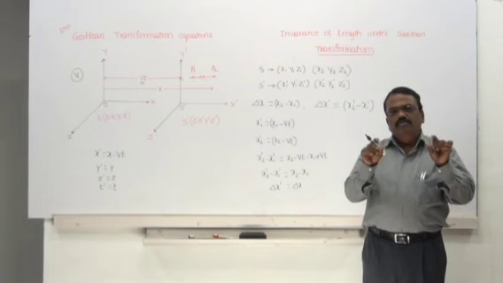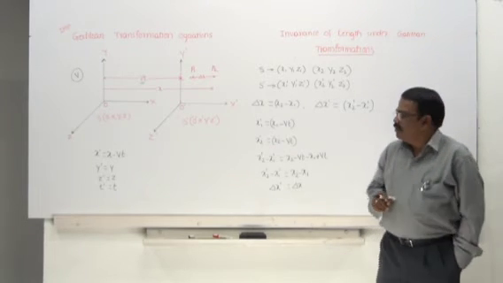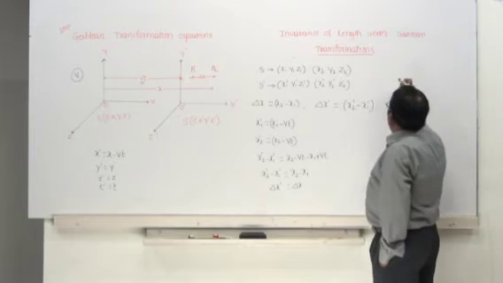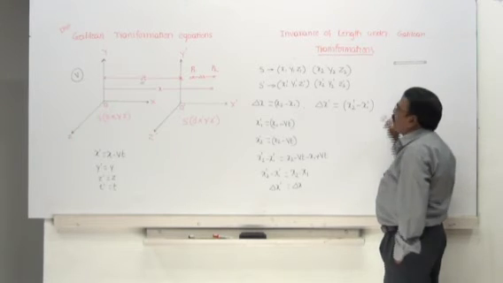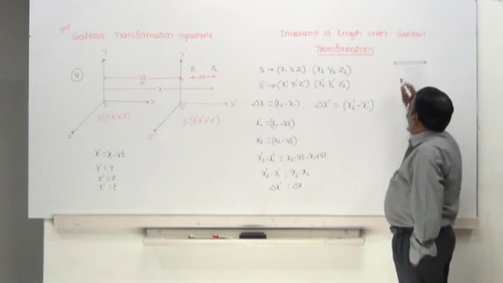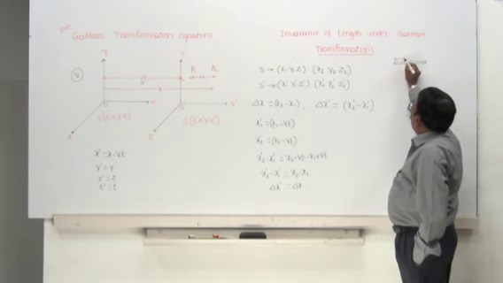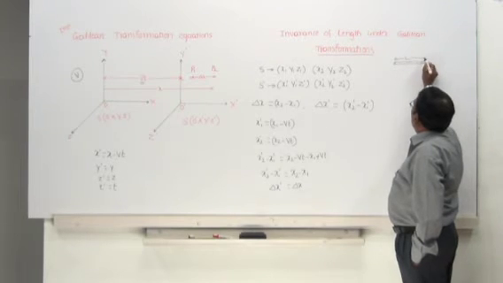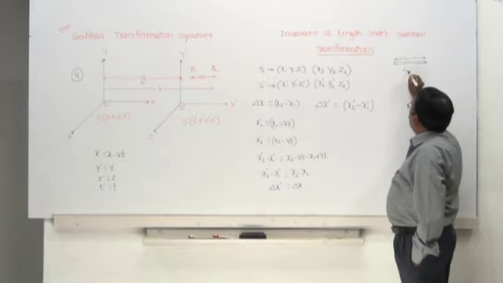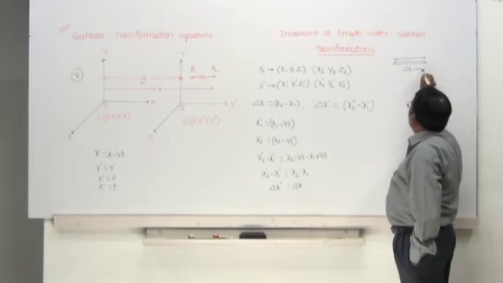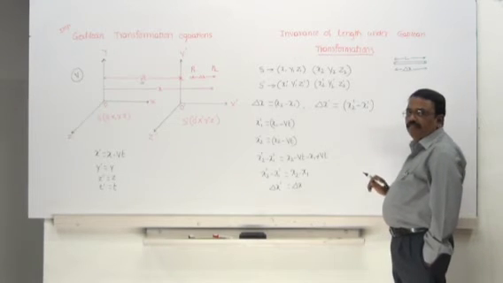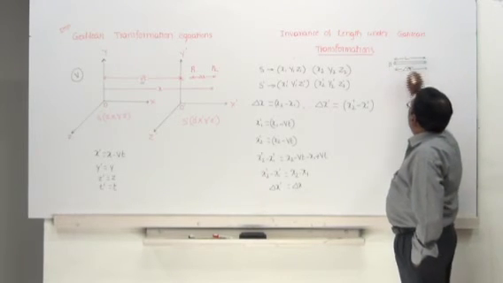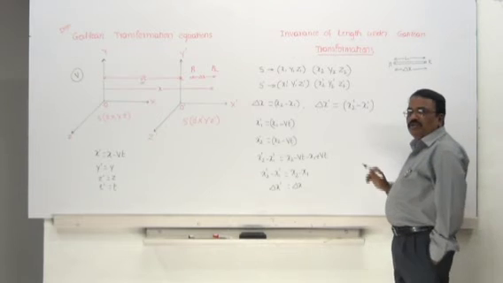The distance between the two events remains constant means, if you consider one rod and this rod has length L, its distance in the first frame of reference is delta x, where P1 and P2 are the endpoints.